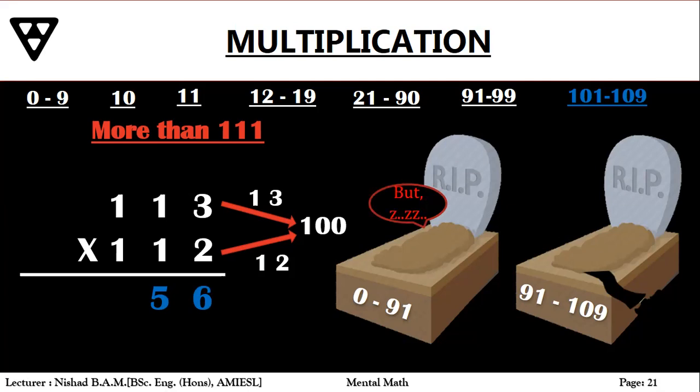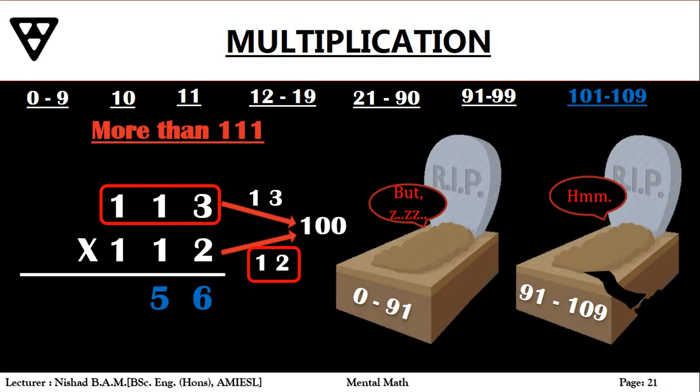We cannot write 156 as it is. Only the 56 will come over here, and the 1 will be a remainder, right? After that, we add 113 and that 12, the difference of the next number, we add those two numbers together.